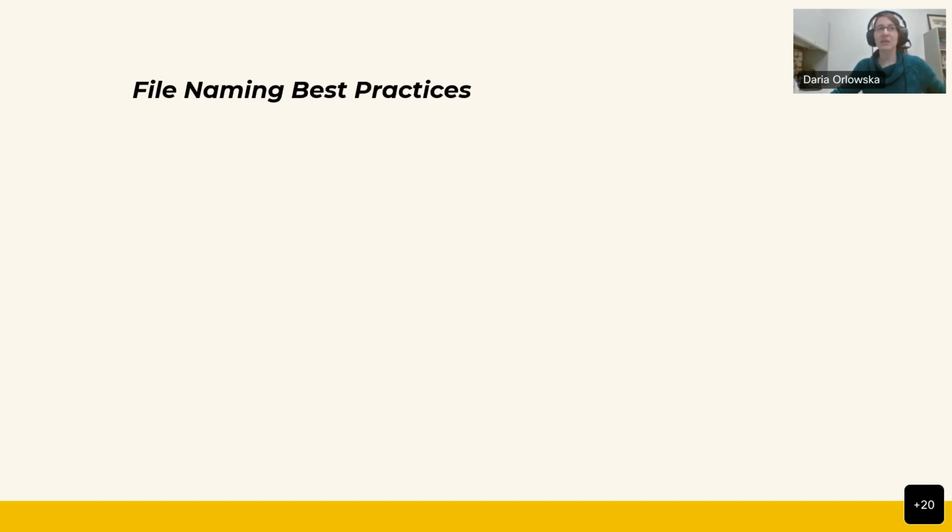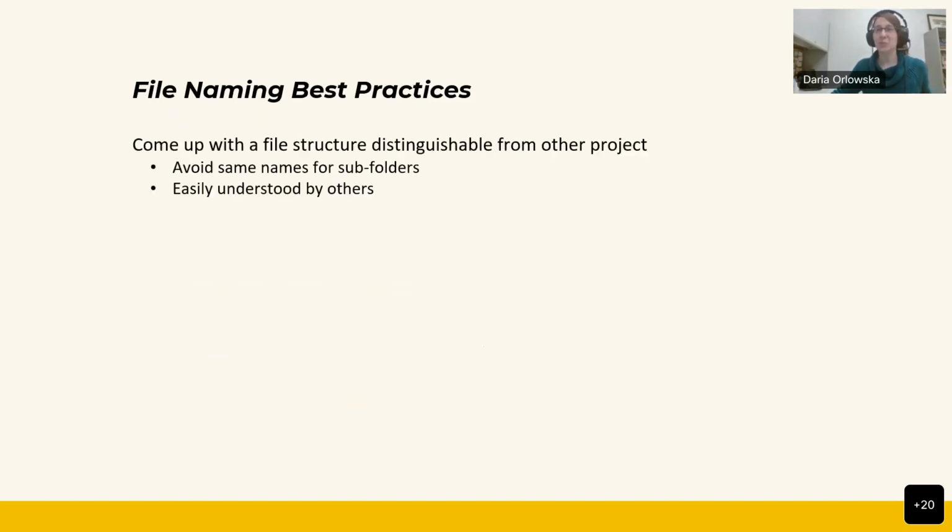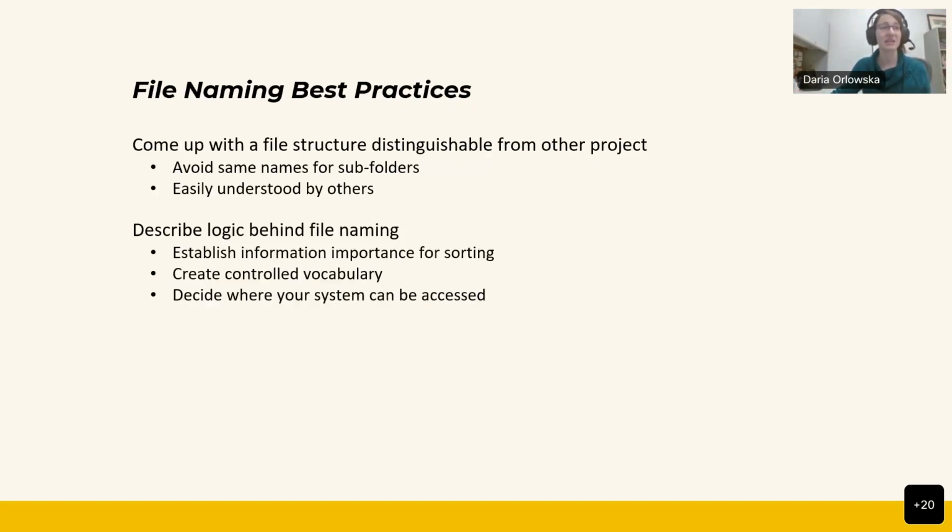So just file naming, there are a few best practices to keep in mind. Make sure when you're coming up with a file structure that it's distinguishable from another project. If you lose track of it, that it makes sense to you, it's easily understood, and there's subfolders to categorize things if needed. Describe a logic behind file naming to make sure things are consistent.